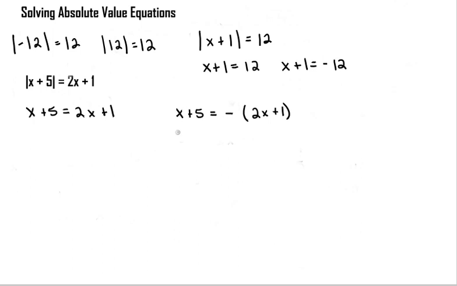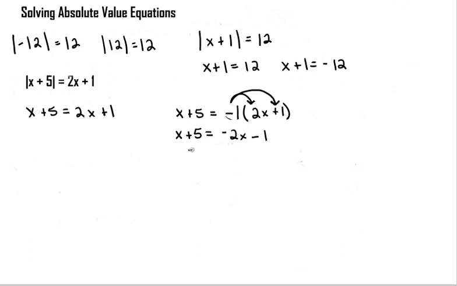So to solve this equation, the first step that we do is we distribute. Remember, there's an invisible 1 right here. So to distribute, we say a negative 1 times 2x is a negative 2x, and a negative 1 times plus 1 is minus 1.